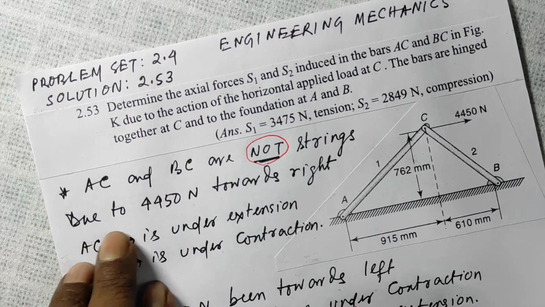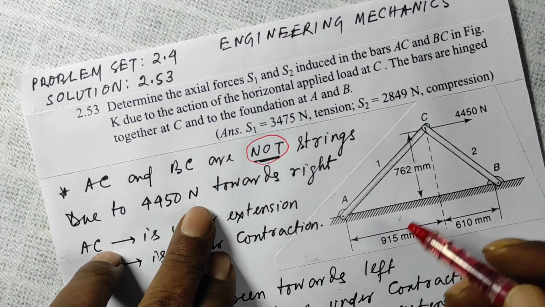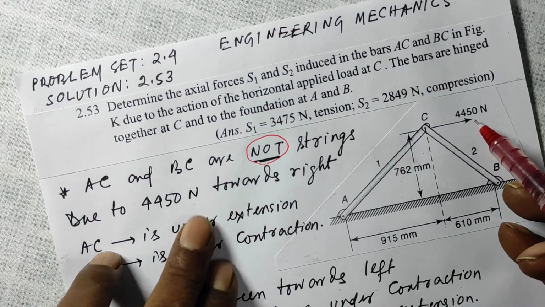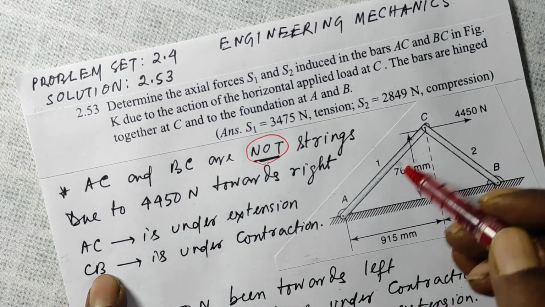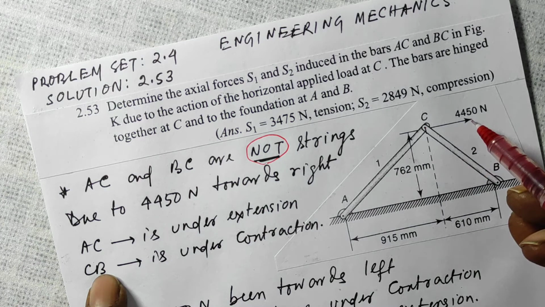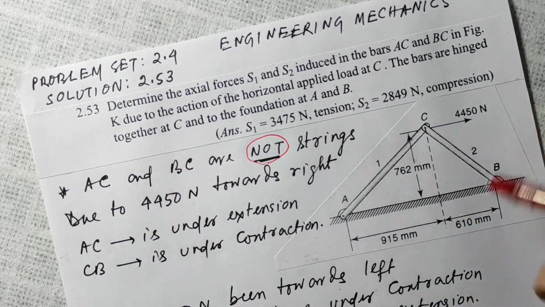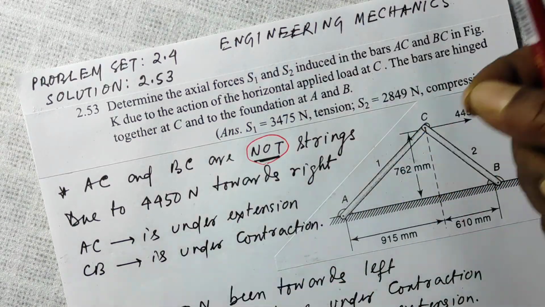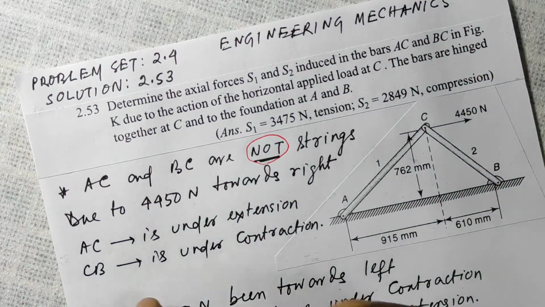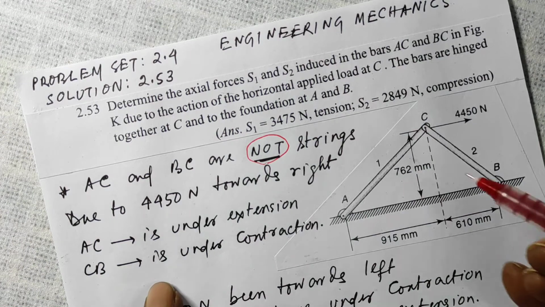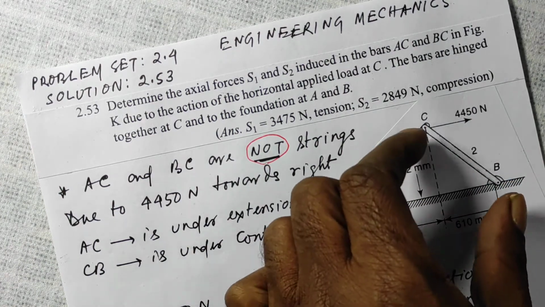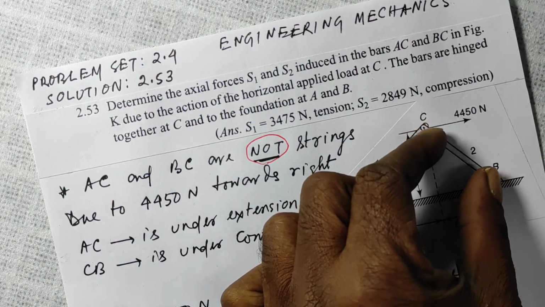So, due to 4450 Newton towards right, the bar AC is under extension. Means this bar AC is trying to extend its length, and the bar CB is under contraction. Due to this force, this bar CB is trying to contract.